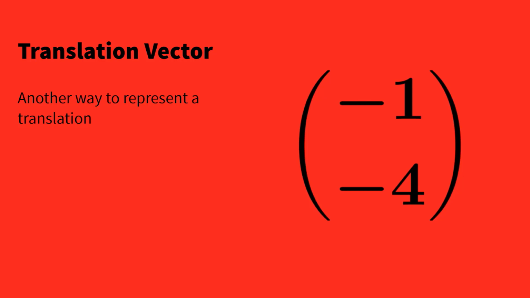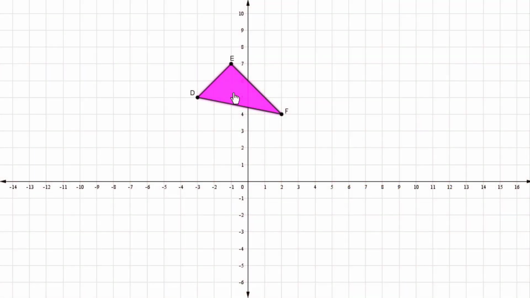Well, -1 means that it would move 1 unit to the left, and -4 would mean that it moves 4 units down. Now, there's something interesting that we can observe when translating objects. When I moved this object earlier 4 units right and 2 units up, what did you notice about each of the points?